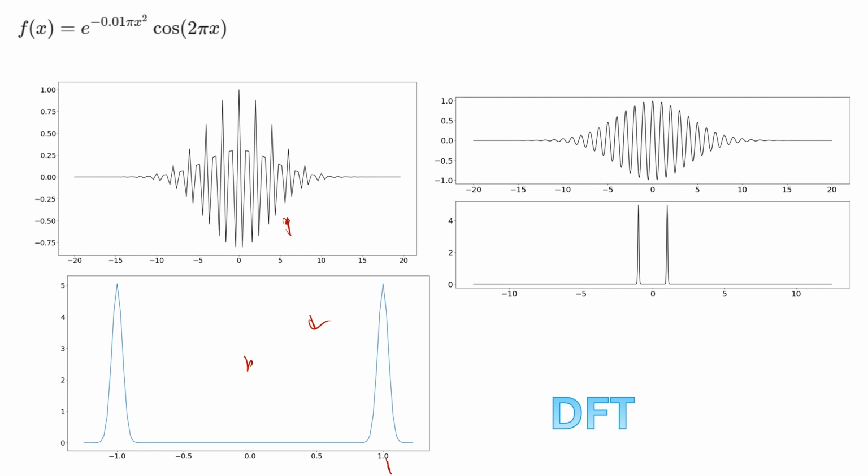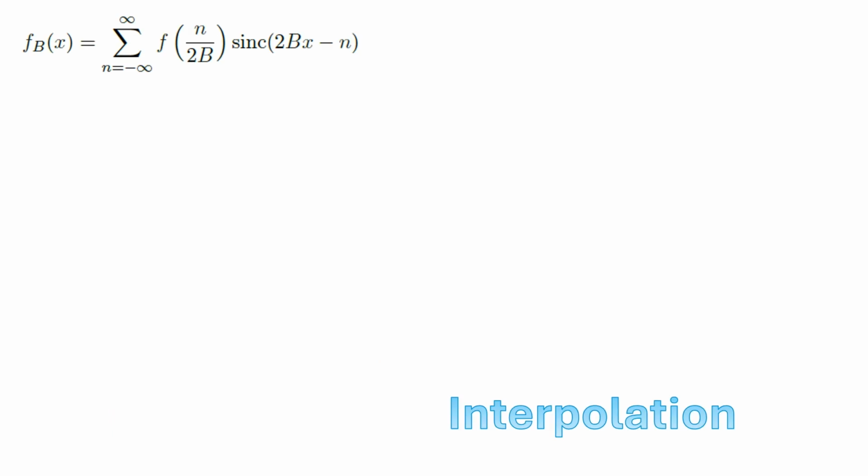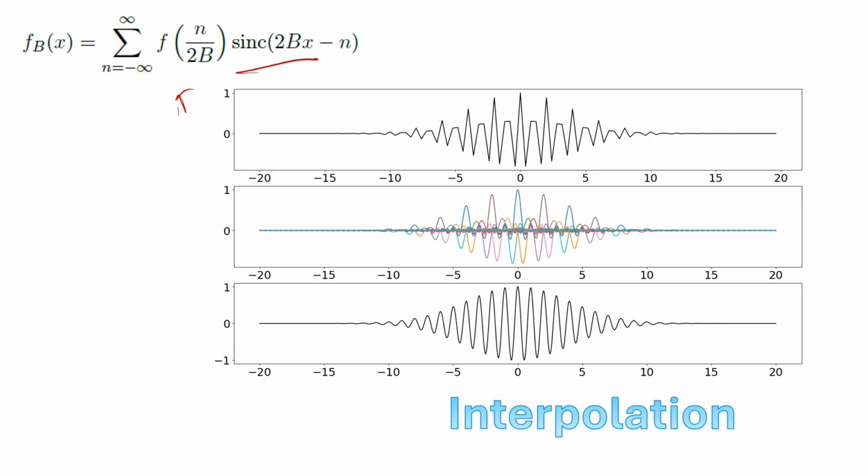But despite the fact that we have sampled at a much lower rate here, we should be able to recover the function using the interpolation theorem. We do that by taking the samples that we have, multiplying them by this sinc, and then adding the sincs together in this sum. That's what's done here. We have the original samples. These colored curves are the sincs.